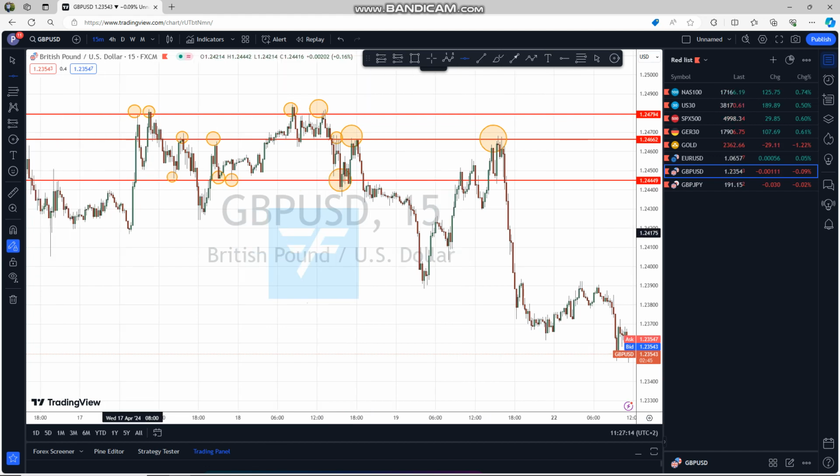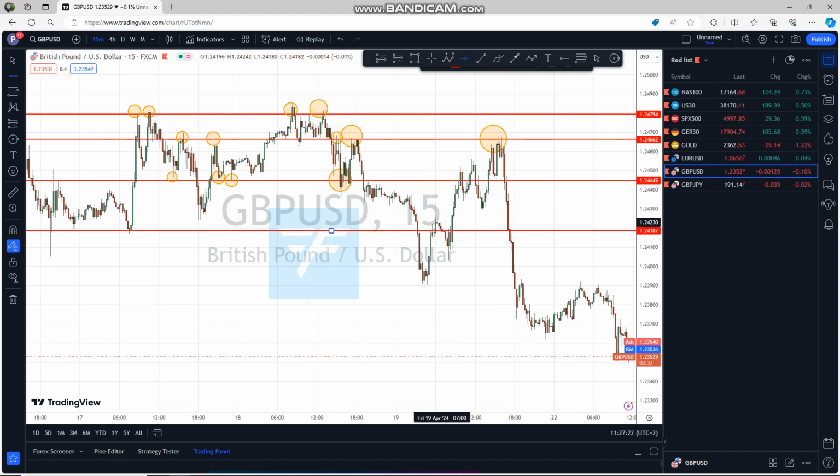You'll find that there is a huge, aggressive movement from a level, going up or going down. And there is another one here, this is our support, it bounced off here, here, and here. It works most of the time. It is a simple strategy, but it's very powerful.